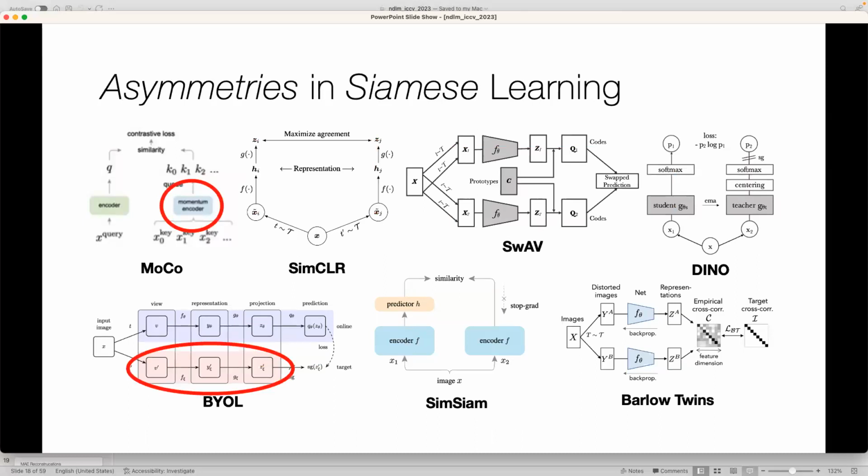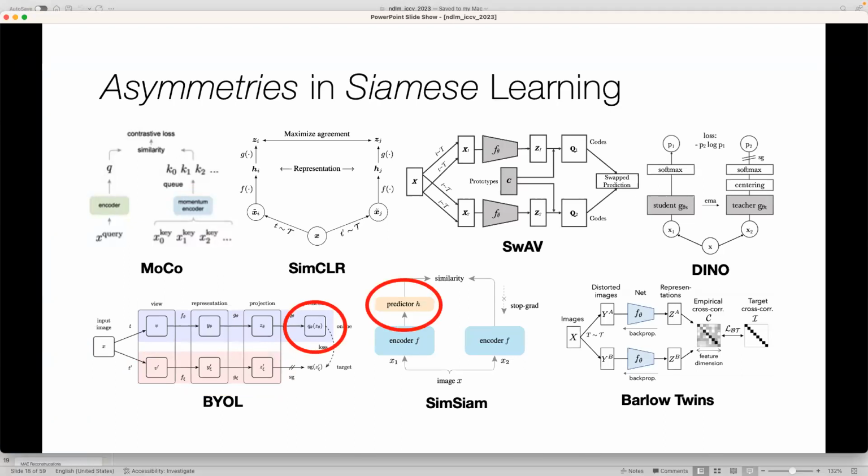And it's not quite yet that Siamese learning just works out of the box. We actually find that there are a lot of asymmetries in Siamese learning. So for example, for MoCo and BYOL, there are momentum encoders on one side, but not on the other. And for BYOL and SimSiam, we find the predictor is important.